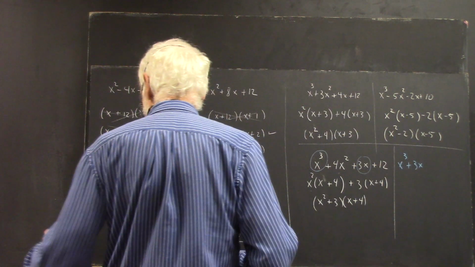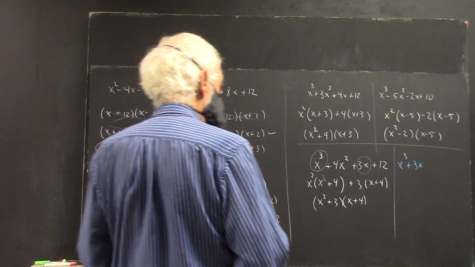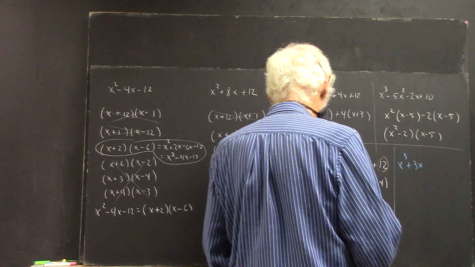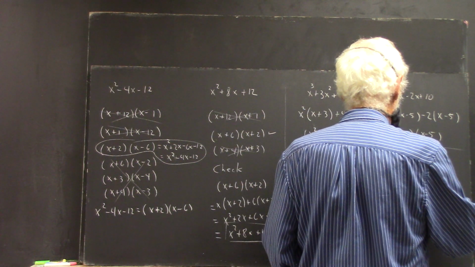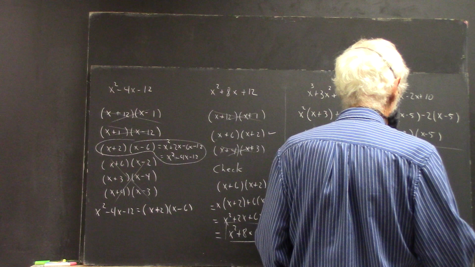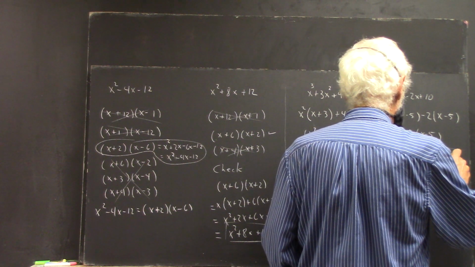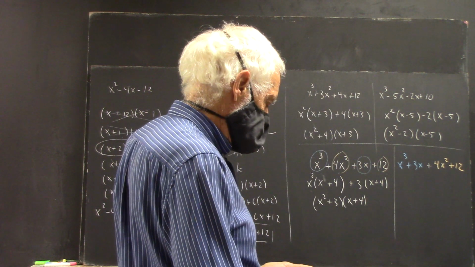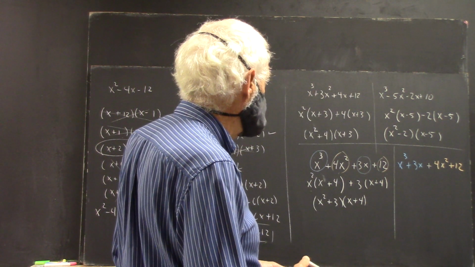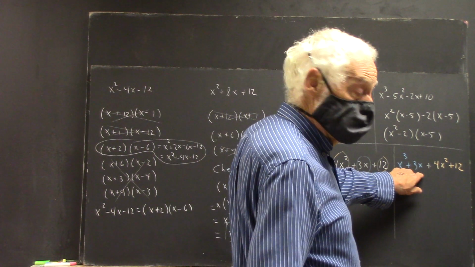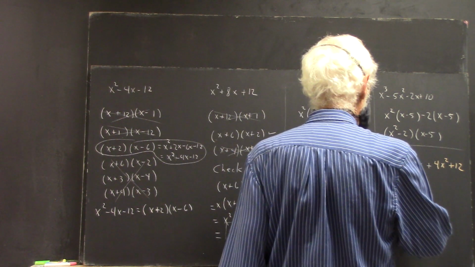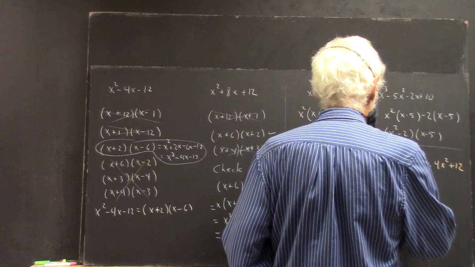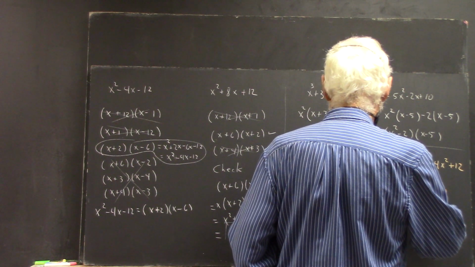I could write this as x cubed plus 3x, and then plus 4x squared plus 12. Now I can factor out the x here, and I get x times x plus 3.